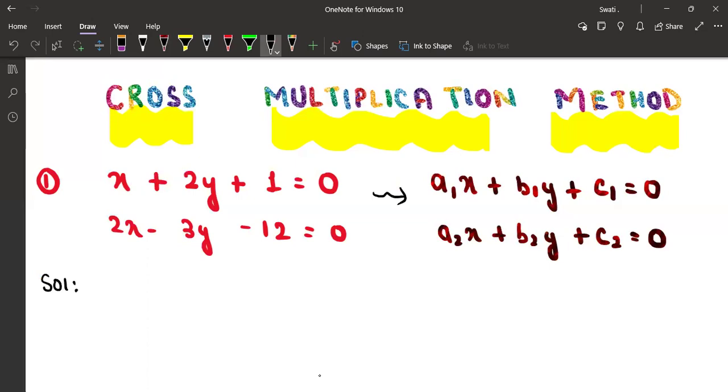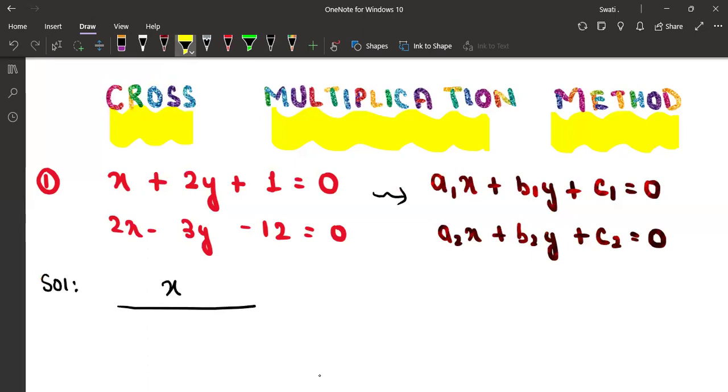The formula to find the answer of x and y using the cross multiplication method: you first have to write down x, okay? And then upon, you have to do the cross multiplication, Manya. I'm just telling you the trick also, how to remember.